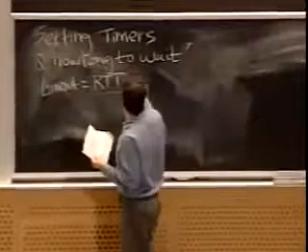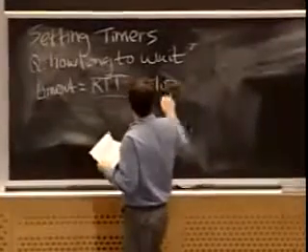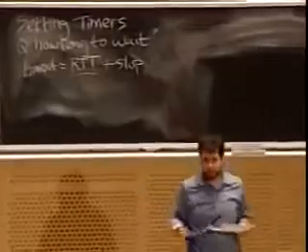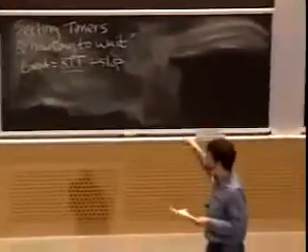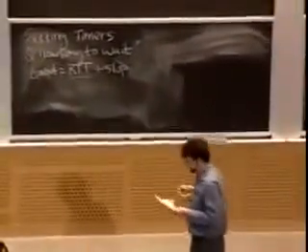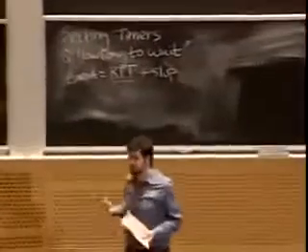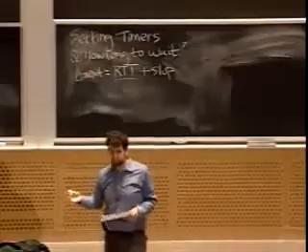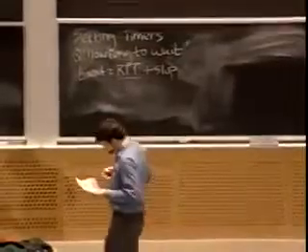So instead, we want RTT plus some slop value, some adjustment factor that gives us a little bit of extra leeway in how long we wait. But of course, we don't want to wait too long, because if we wait too long, then we're not going to retransmit messages that were in fact lost.